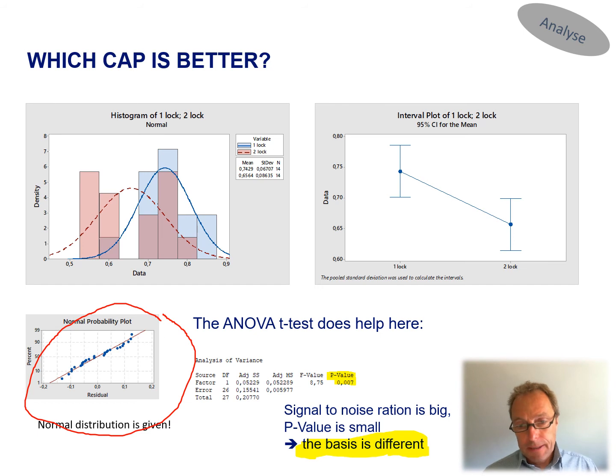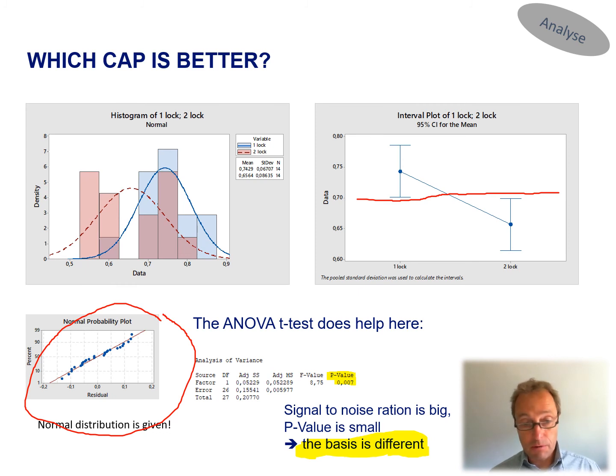So then we go again deeper into the 95% interval plot. Here we see that there is more or less no overlapping, and this gives us already an indication that it's significant. But we are now here in Minitab, our statistical software.